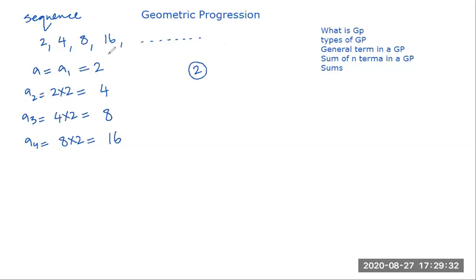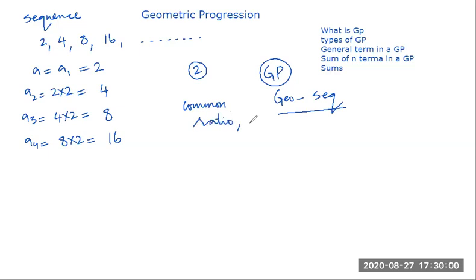Such a sequence is known as geometric progression or geometric sequence. Now students, this number 2 is known as common ratio and normally represented by small letter r.